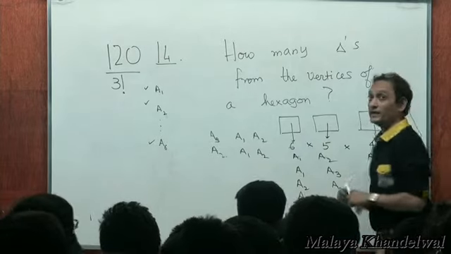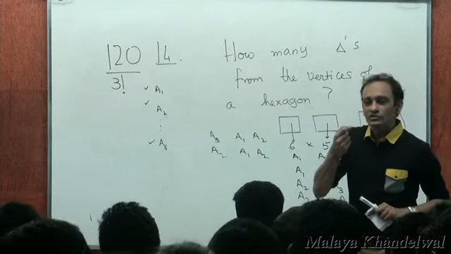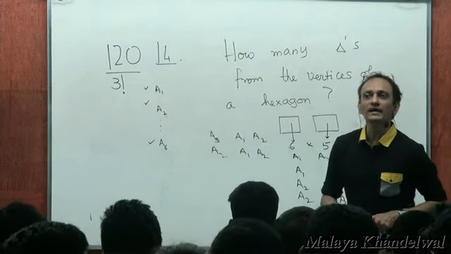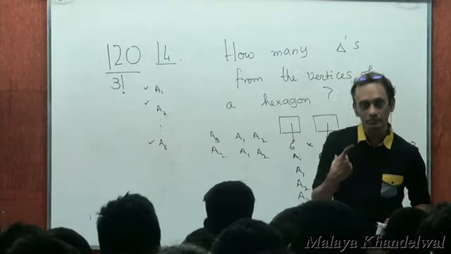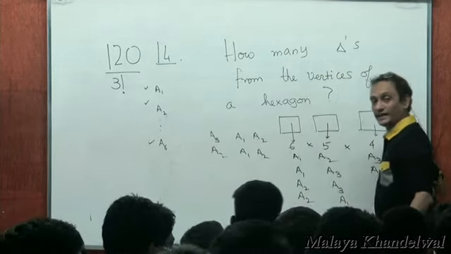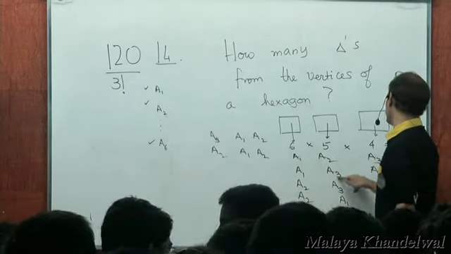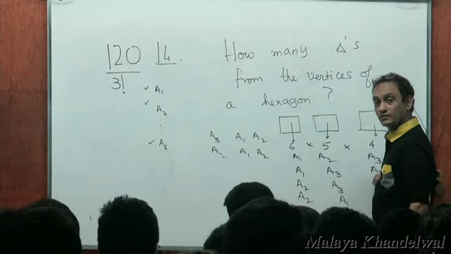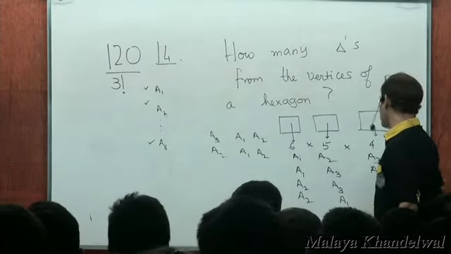But in this 120, I built an order. Is a triangle A1, A2, A3 different from a triangle A3, A2, A1? They are the same. But in this count of 120, if a triangle A1, A2, A3 has been selected, then A1, A3, A2 is also selected, A2, A3, A1 has been selected, A2, A1, and so on, all of these.